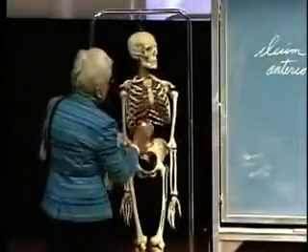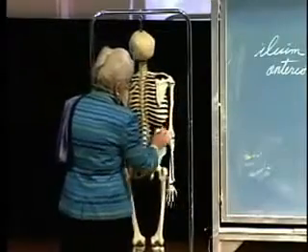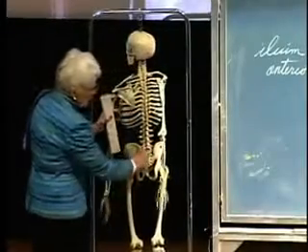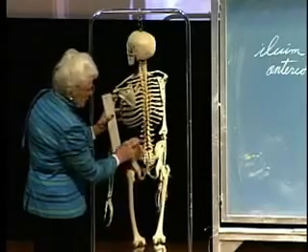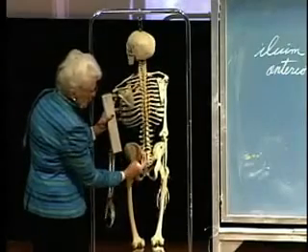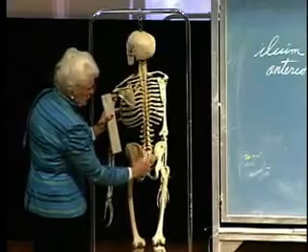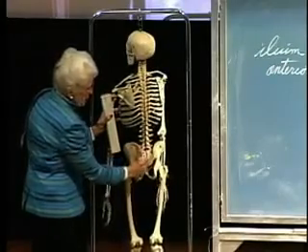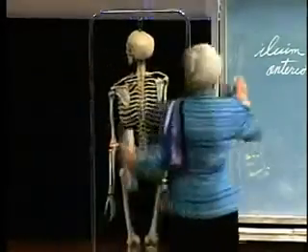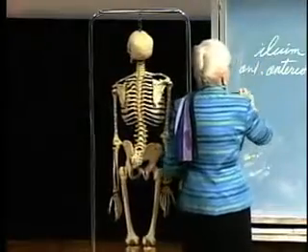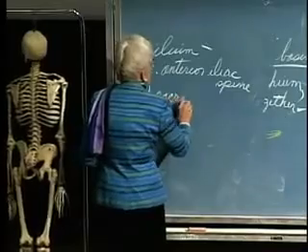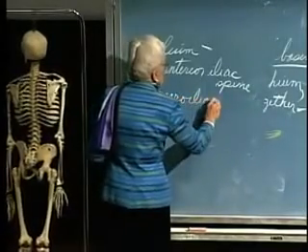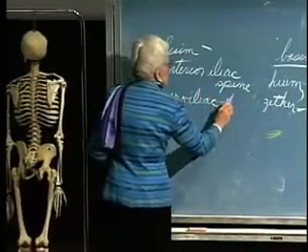Another landmark for the ilium is the sacral. Here's your sacrum. Here's your ilium. The sacroiliac joint. The anterior spine was anterior, posteriorly we have the sacroiliac joint.